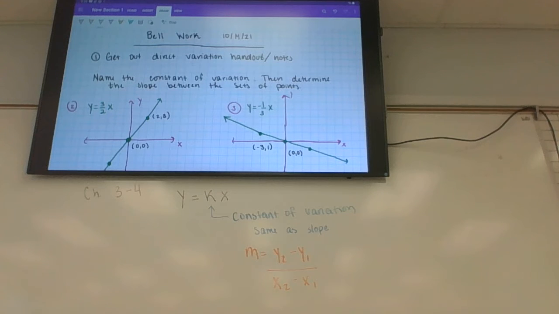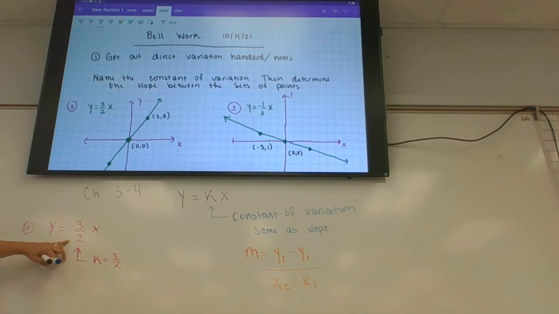Yeah, so here's number 2. This is a direct variation equation. This is called K, also called M. K for constant of variation, M if it's considered slope.